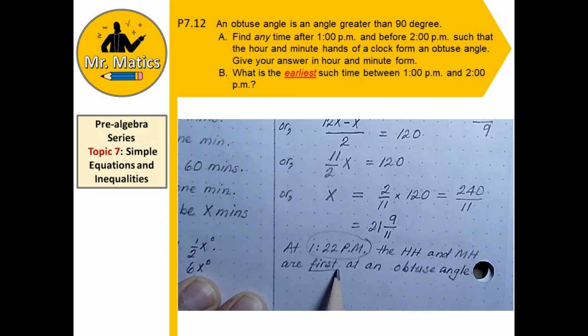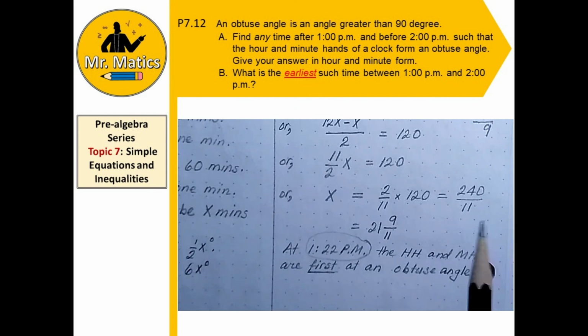So this is the earliest time in that hour, 1 p.m. to 2 p.m., that these two hands are becoming obtuse angle. Because the minute hand is a faster rotating hand, the angle keeps on increasing as you go further at 1:23 p.m., 1:24 p.m. and so forth. But the earliest time that they are at an obtuse angle is at 1:22 p.m.